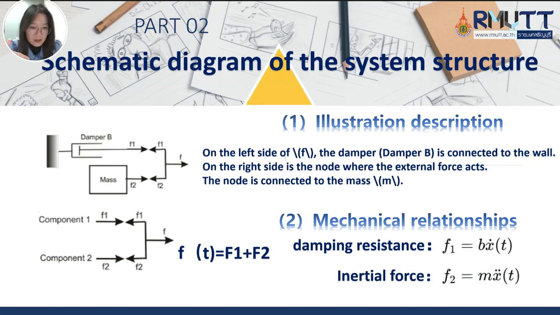The calculation formula for the inertial force F2 is m x double dot t, where m is mass and x double dot t is the acceleration. Those two forces together balance the external force and are an important basis for the subsequent model building.